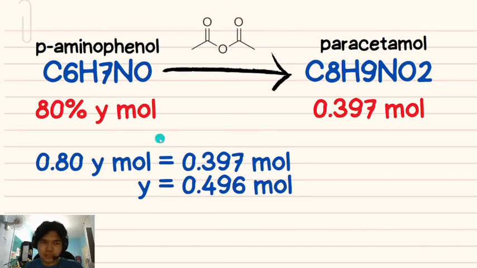Based on the theoretical percentage that we are given, we know that when 80% of p-aminophenol reacts, we get 1 mole of paracetamol, which is 0.8. Since the mole of p-aminophenol is equal to the mole of paracetamol, which is 0.397, we get the mole of p-aminophenol as 0.496 mole.